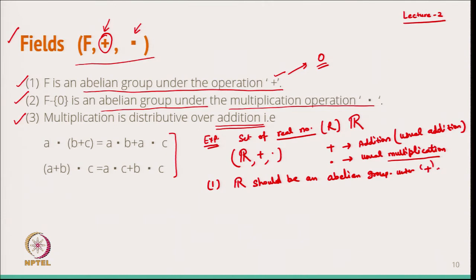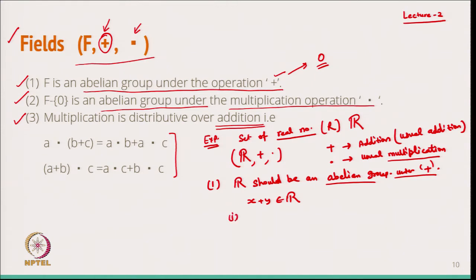Let us check this one, though we can do it very fast. I know that if I take x plus y, that is also going to be a real number, so it is also in R. So I can say that addition is well defined.